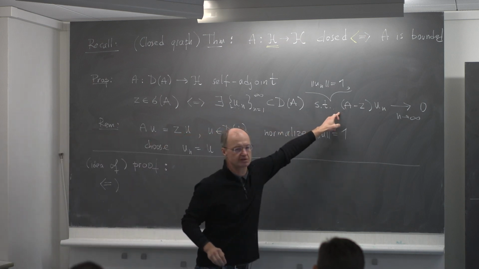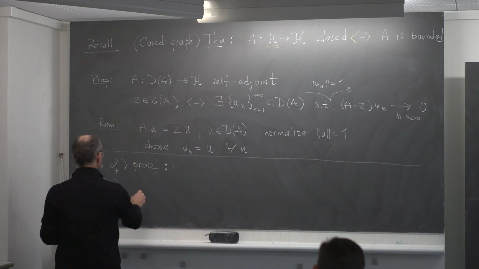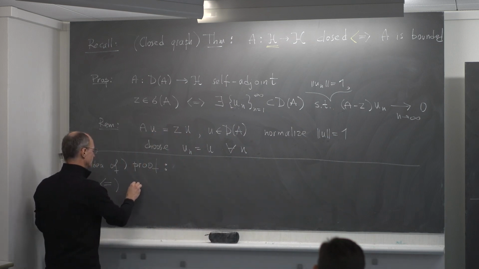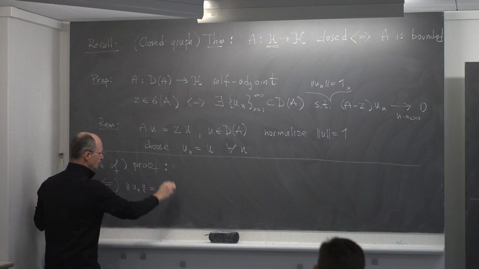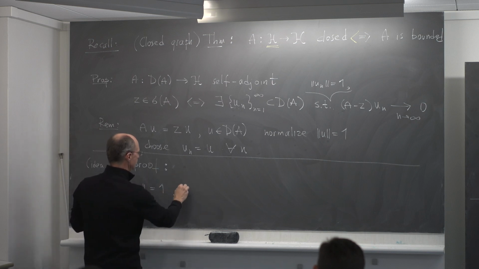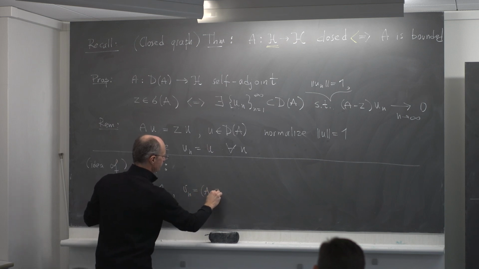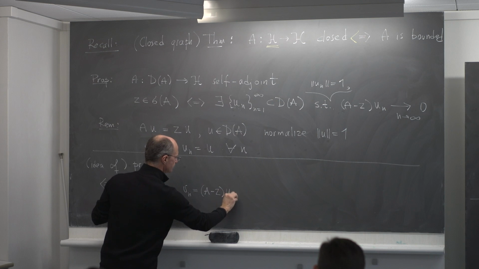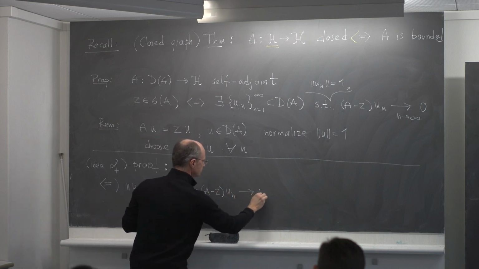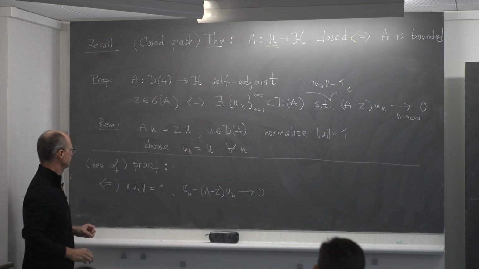So we have this sequence u_n, the norm is equal to 1. And let me denote them by v_n, those guys, v_n equal to (A minus Z)u_n. And this converges to 0.